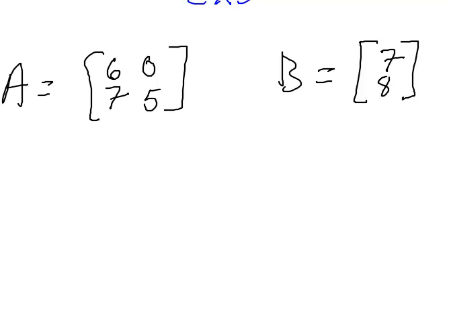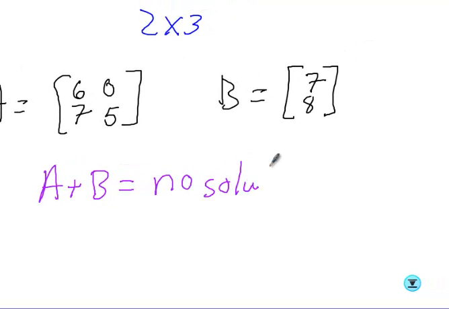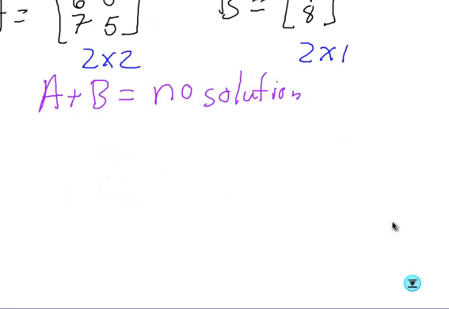If you want to add B and A, you can, except your answer is just going to be no solution. The reason is that they aren't the same dimensions. This is a 2 by 2. This is a 2 by 1. The dimensions are not the same, therefore the answer is no solution. That's pretty self-explanatory, how to add and subtract matrices.